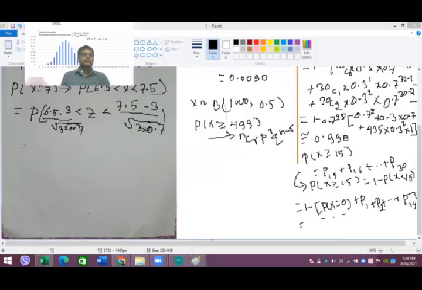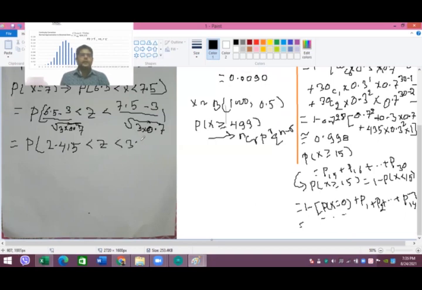All right, and if you further calculate this value using the calculator, you will see that 6.5 minus 3 gives 2.415, and then for the other limit Z is 3.105.